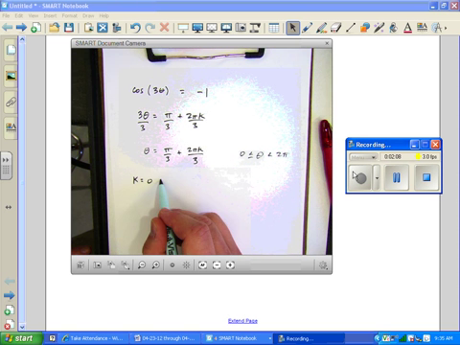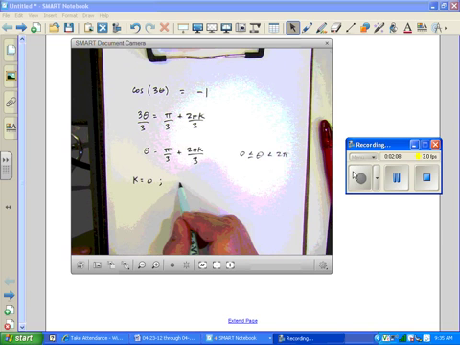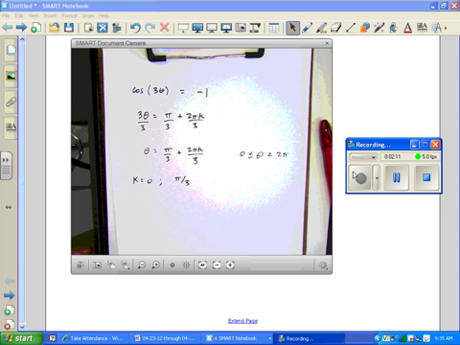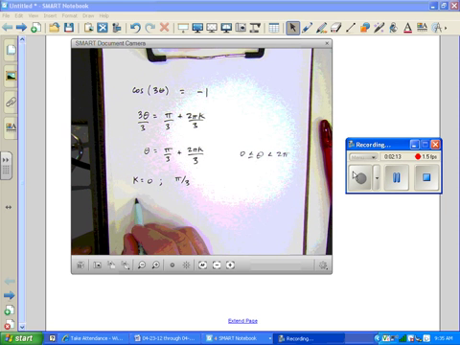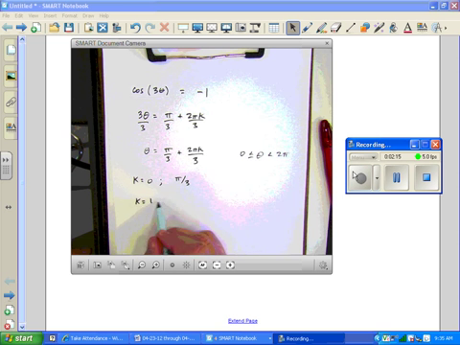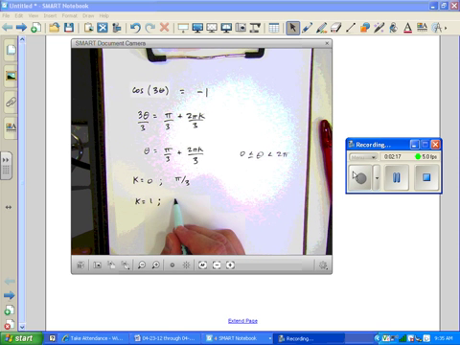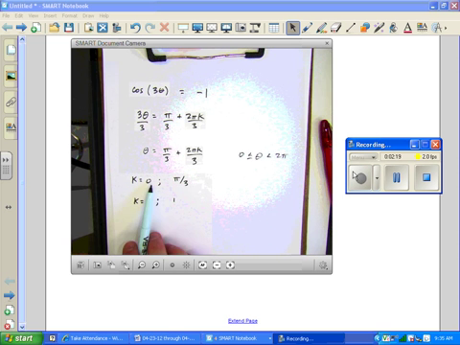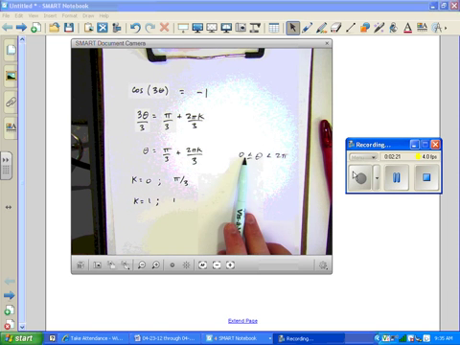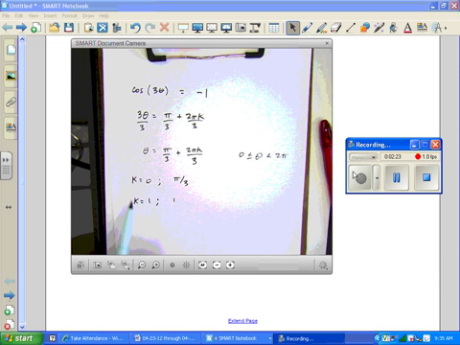And so it would just be pi over 3. What if k was 1? We have to calculate this one. We're just saying we have to give the solutions from here to here, so we're going to let k be 0, 1, 2, 3, and so forth.